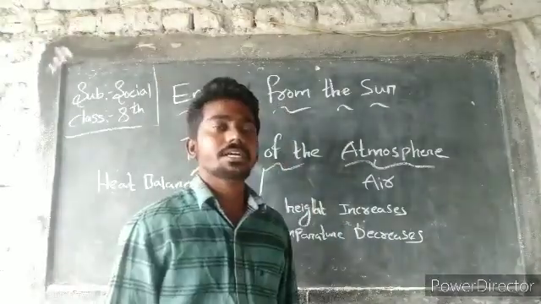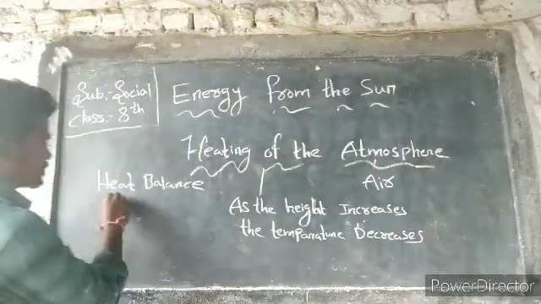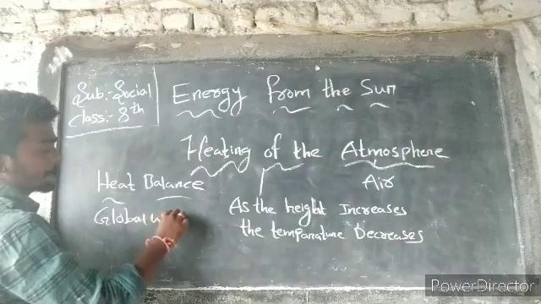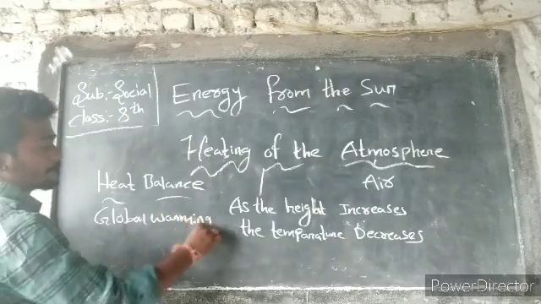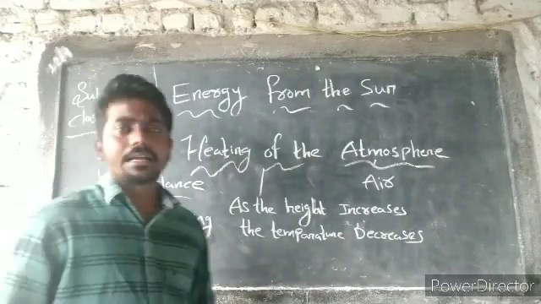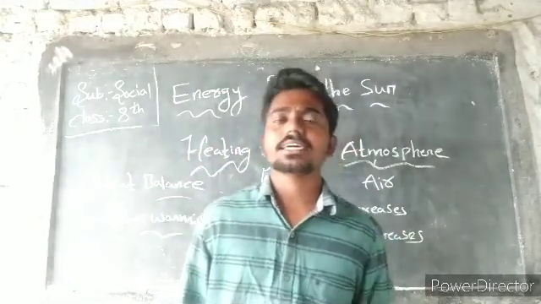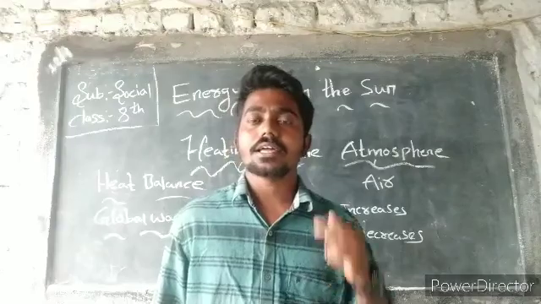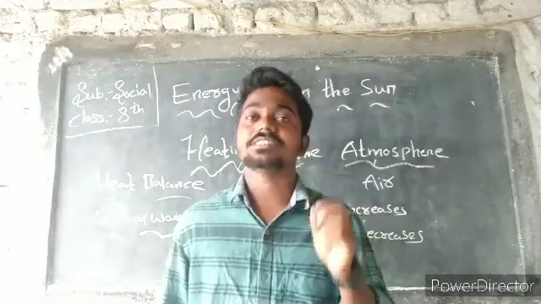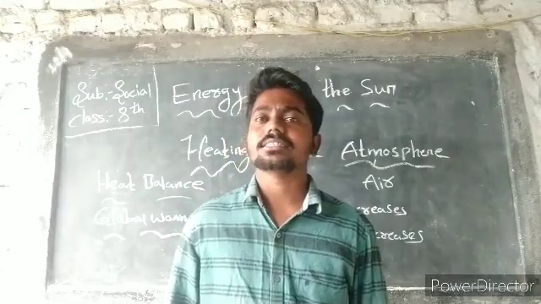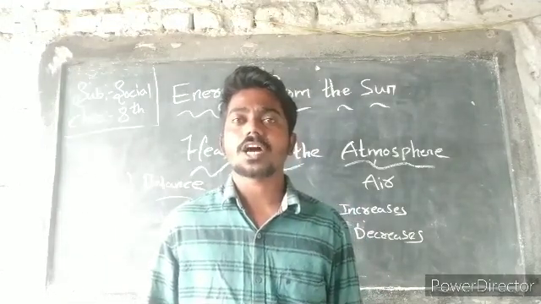Coming to the next topic, global warming. Global warming means the increase of CO2, carbon dioxide, in the atmosphere. Once again I am saying, write it down in your notes: increasing of carbon dioxide in the atmosphere is called global warming.